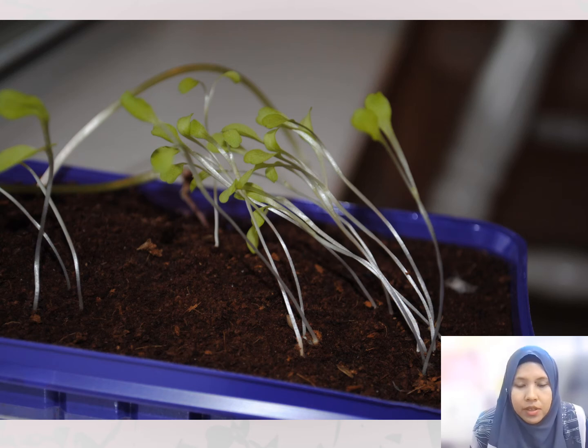This figure shows clearly that these tiny seedlings are growing towards the light. The light is here on the left side. So all the seedlings, all the stems carrying the leaves, are bending towards the light.